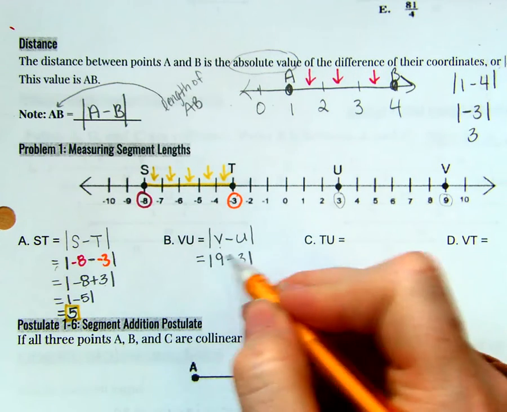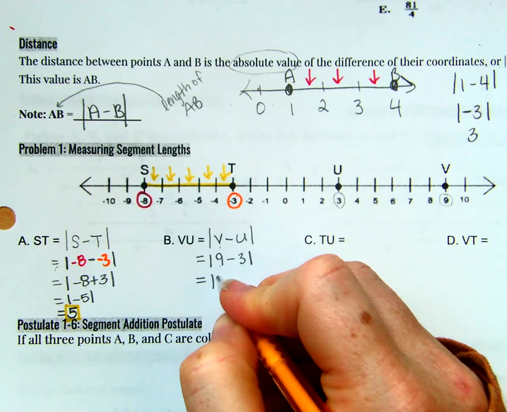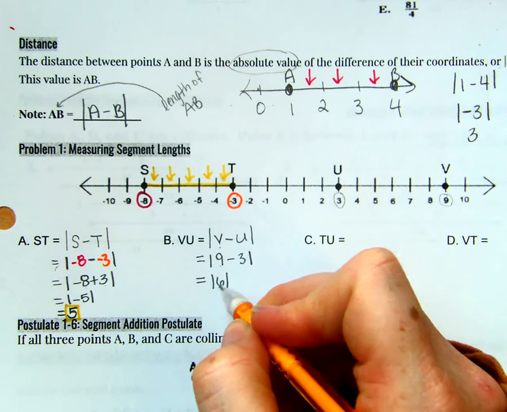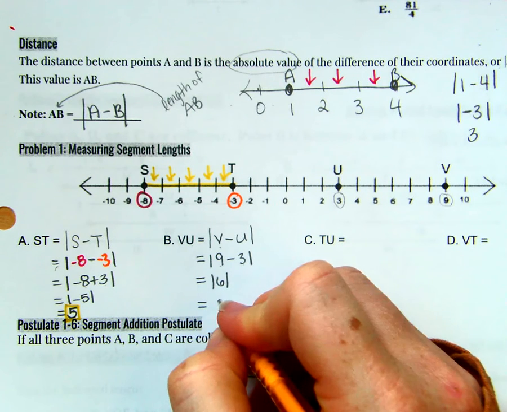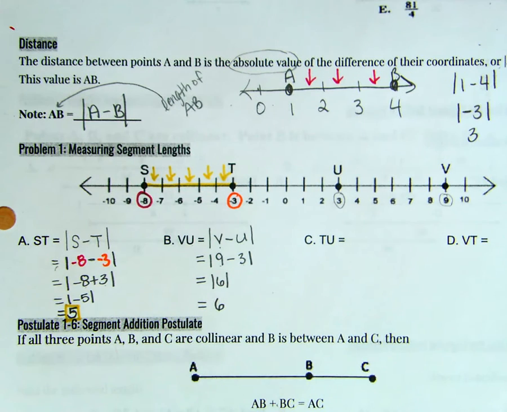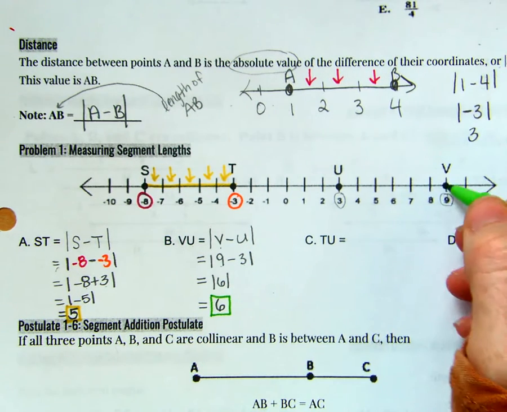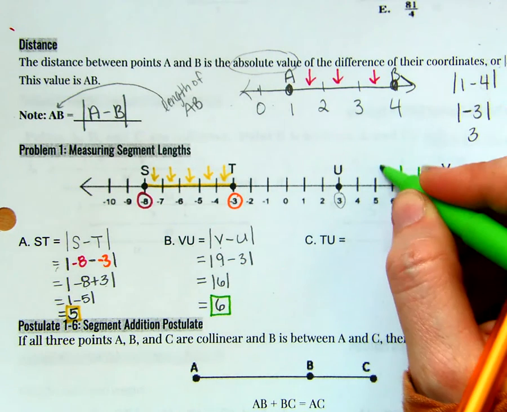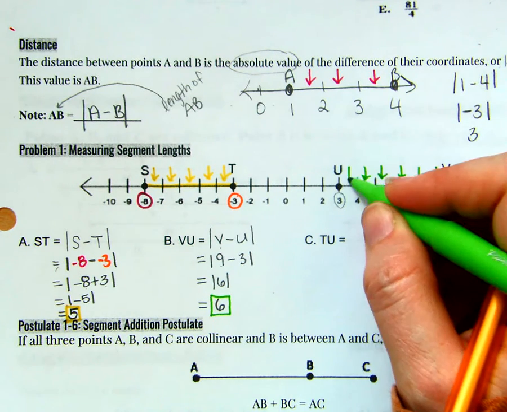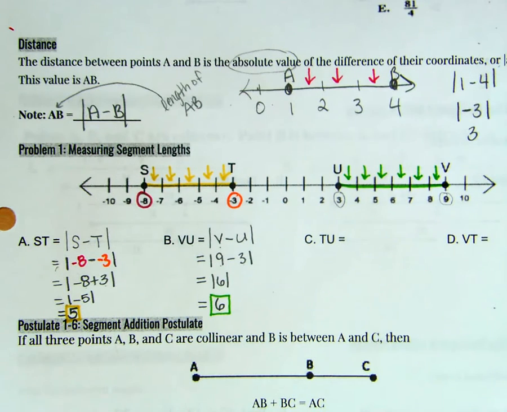And then I need to do the arithmetic. So I need to subtract first. 9 minus 3 is the absolute value of 6. And the distance of 6 from 0 on the number line is 6. So we can see here, if we wanted to check 6 from U to V, I would say that's 1, 2, 3, 4, 5, 6. And so this length right here would be 6.